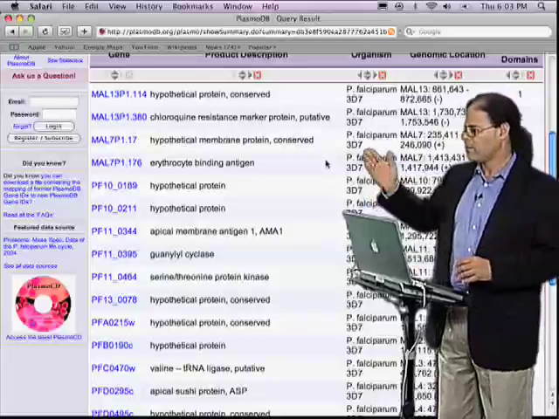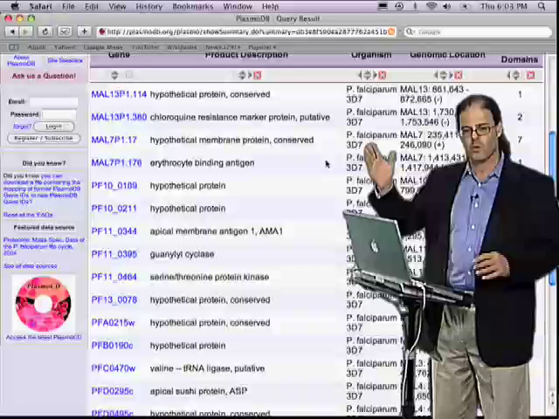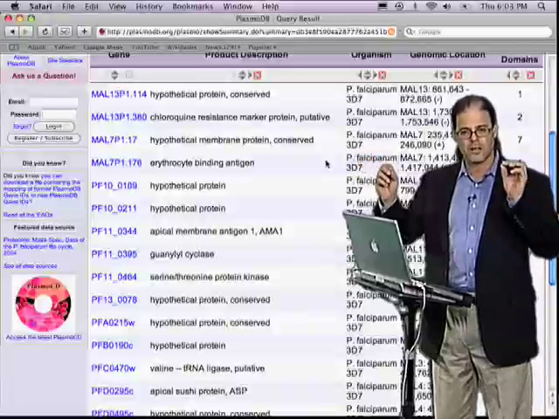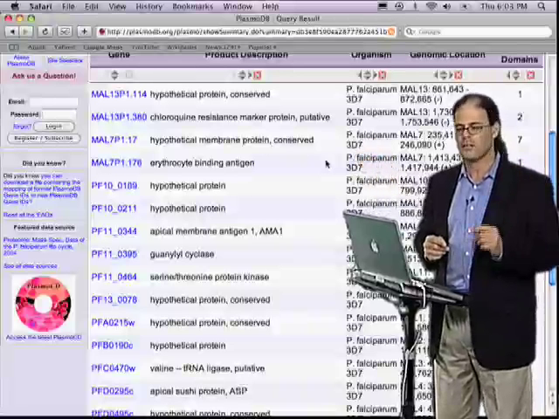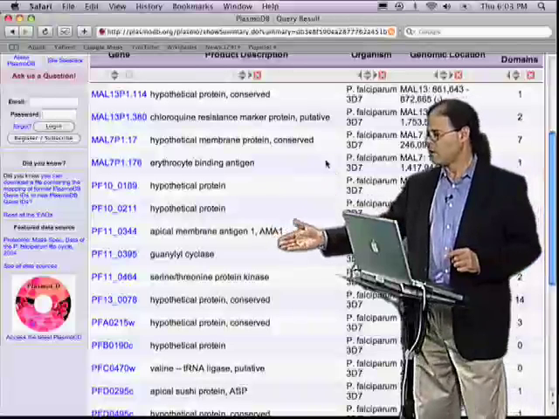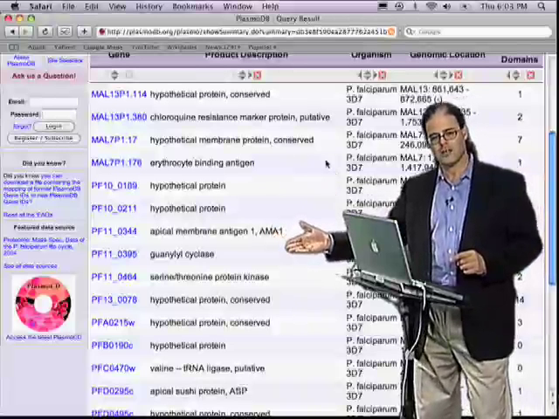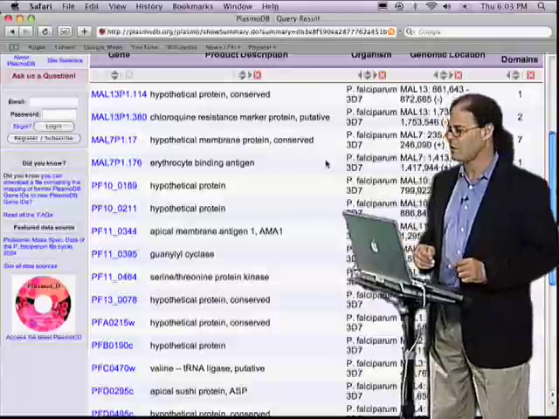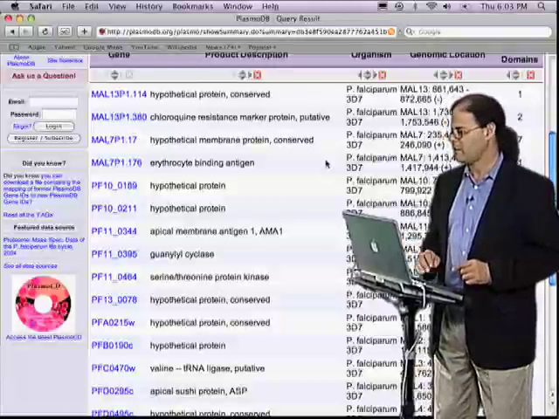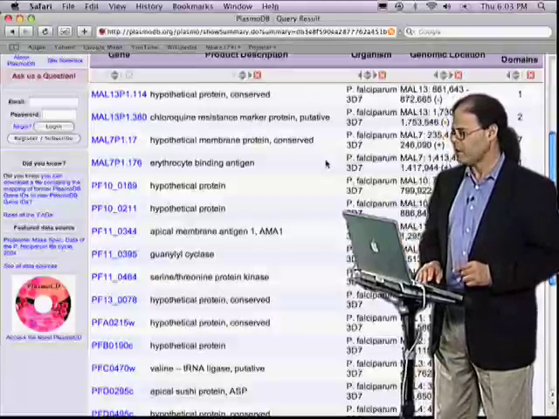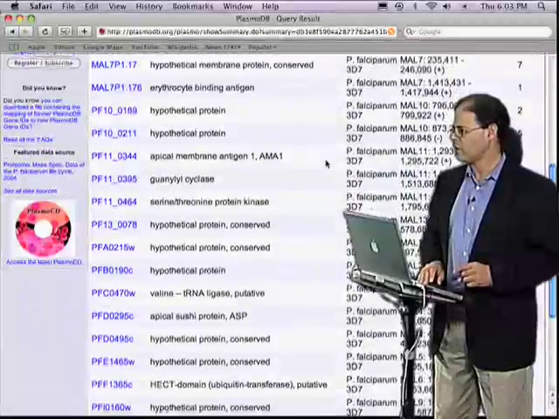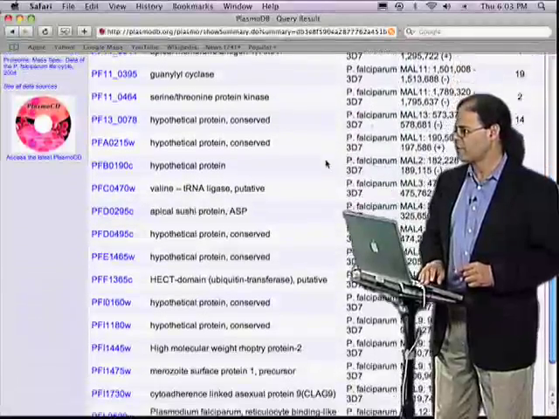I don't know. But my eye is immediately drawn to what you might think of for this computational experiment as a positive control. That AMA1 protein, one of the leading vaccine targets for anti-malarial vaccine development. A number of other proteins: a guanylyl cyclase, a kinase, several other hypothetical proteins.